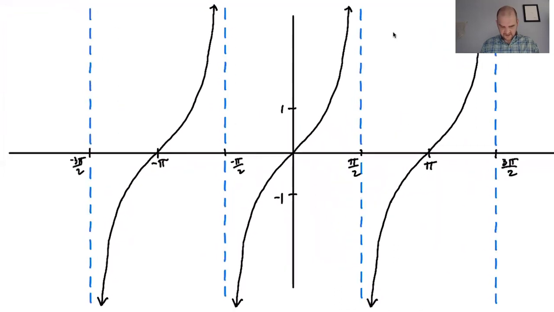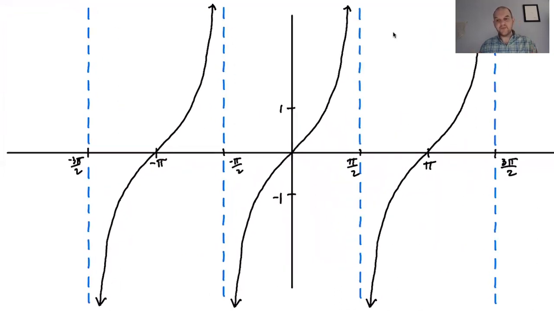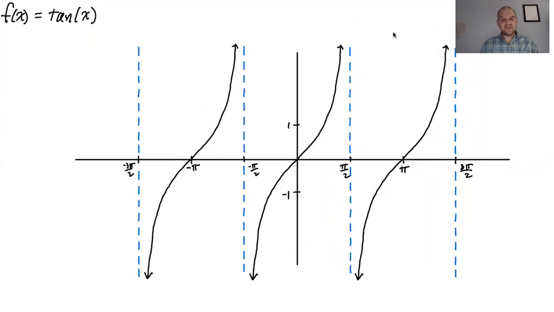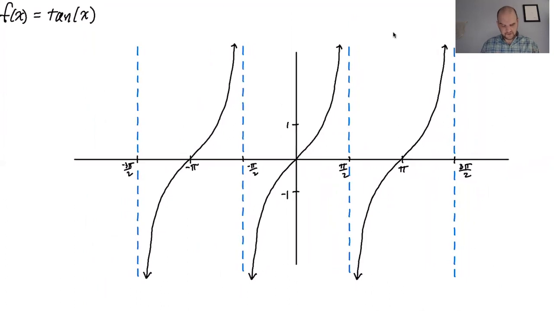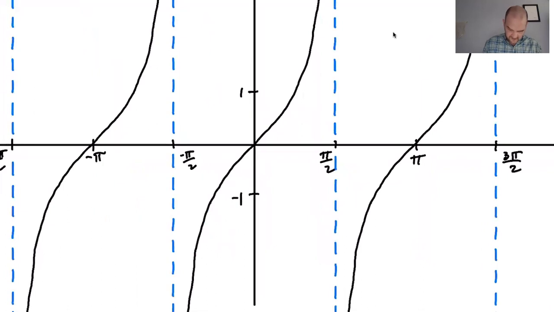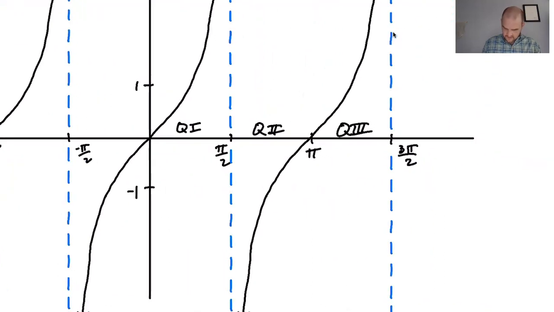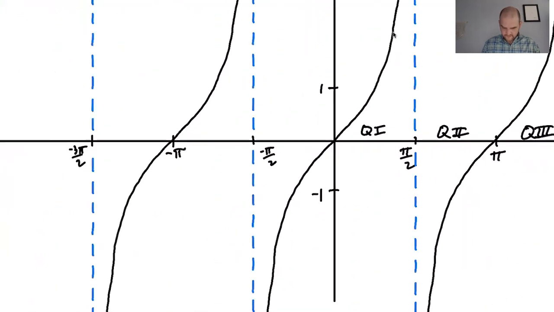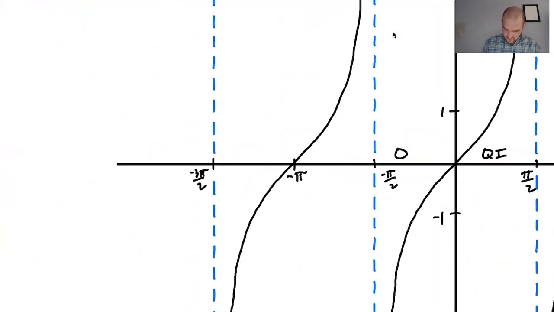All right, let's do tangent. Tangent is going to be maybe the easiest one, because tangent sort of wants to be 1 to 1, and then there are just stamped copies of it everywhere. So this is quadrant 1, quadrant 2, quadrant 3, and this would be quadrant 4, but I didn't even bother to graph there. This is quadrant 4, but negative angles.